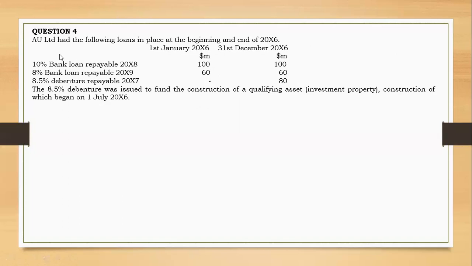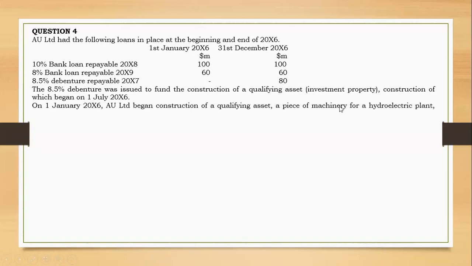Now let's take a look and see about this 10% bank loan and 8% bank loan. Are they specific or general borrowing? On 1st January 2026, AU Limited began construction of a qualifying asset, a piece of machinery, rather than investment property, for a hydroelectric plant, using existing borrowings.